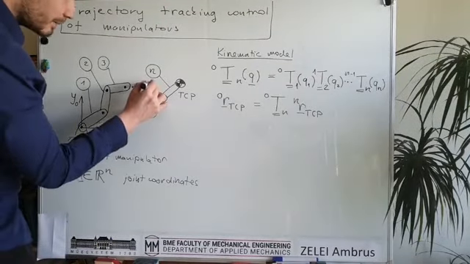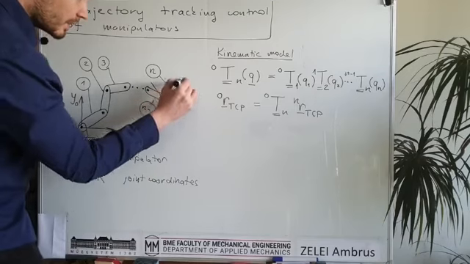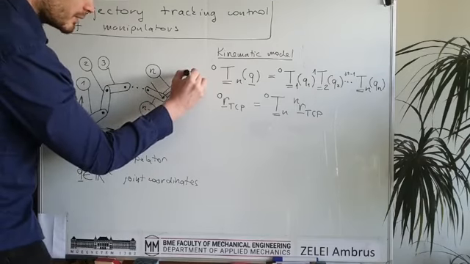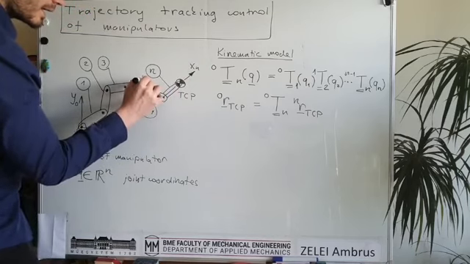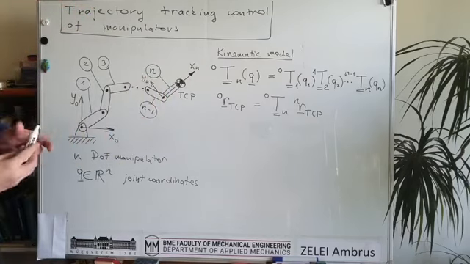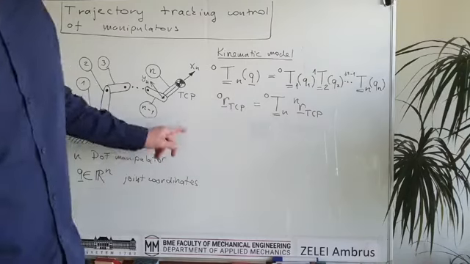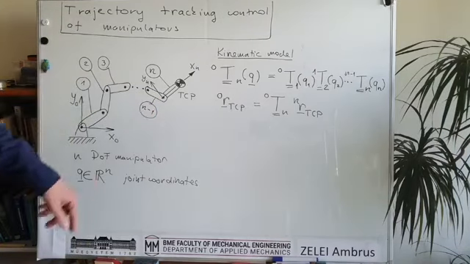So now it is time to draw this. So the last coordinate frame, xn, yn, and of course we have zn somewhere, should be shown in the figure.